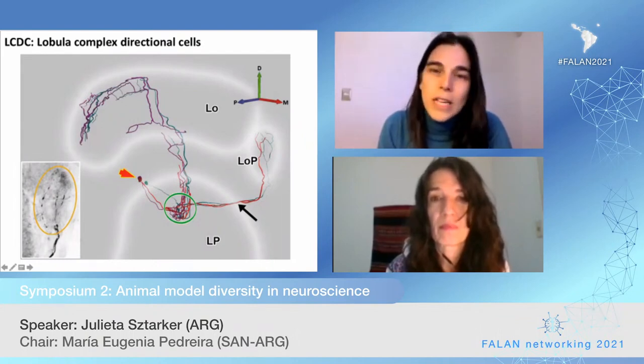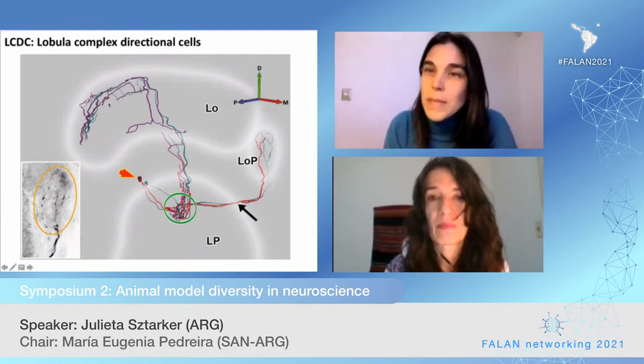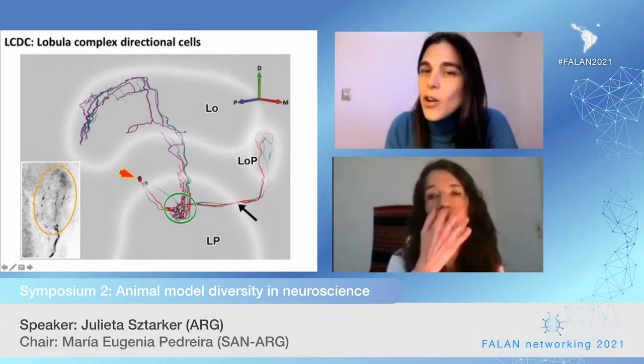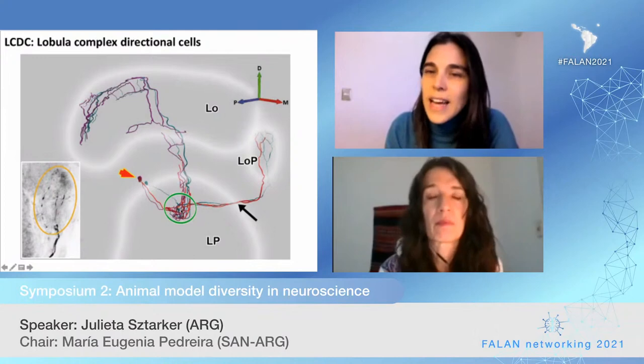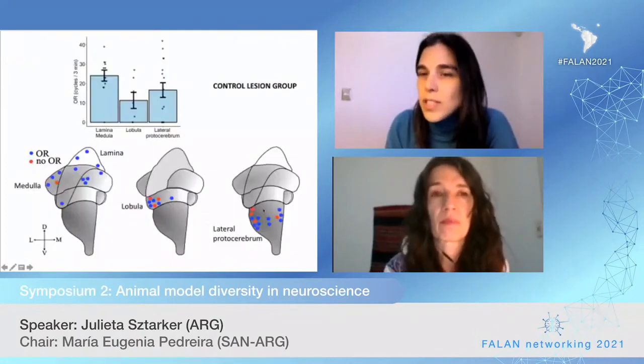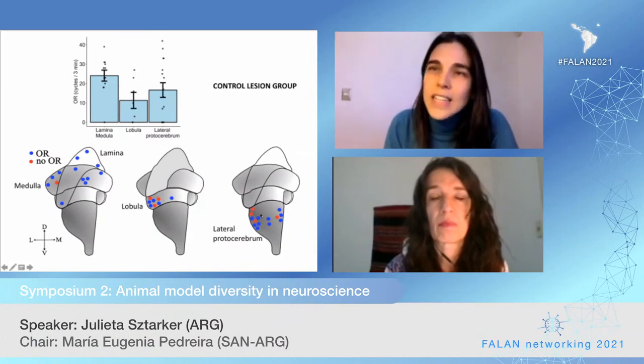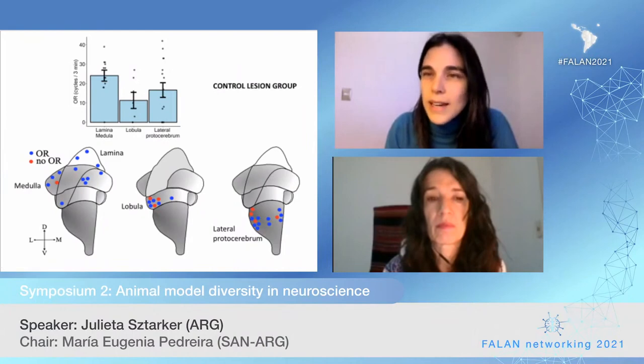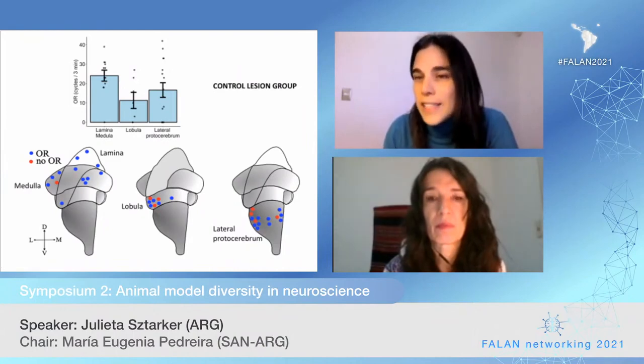We found some neurons in the lobula of the crab that are also directional, and they all project to a center that is about in the right position to be modified by a lesion here. So I think that it might be possible that in some of these cases we are also affecting other parts of the network that is processing directional motion.